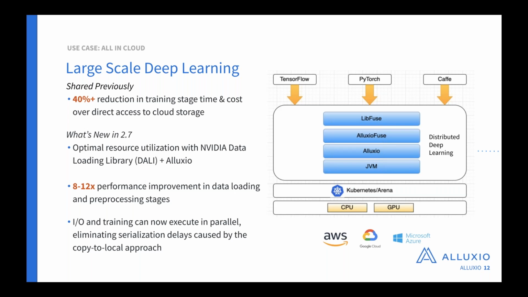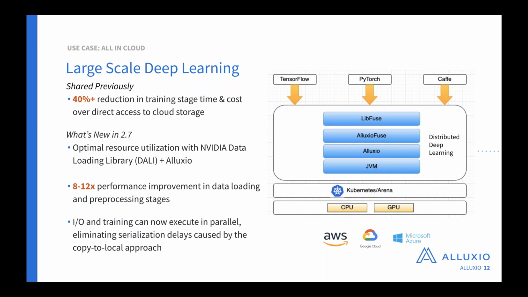Now, in the last release, before 2.7, we had shared certain developments in which we only focused on the training step and utilized just the data caching abilities in Alluxio. So the distributed cache that Alluxio provides for the training step was able to cache data locally to the GPU instances, and because of the caching, GPUs are no longer idle, no longer waiting for input as frequently as they were before.